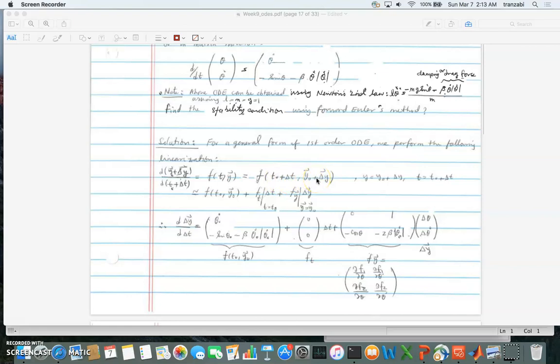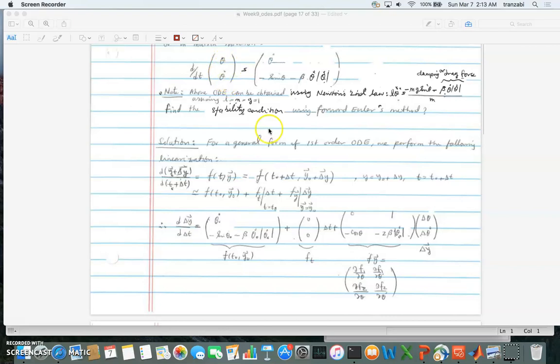This is basically using a Taylor series of a vector function. You can think of f as a vector function, and we're going to use the Taylor series about the point t naught and y naught, where y naught is also a vector. Our y naught in this problem includes the angle and the angular velocity, theta dot.